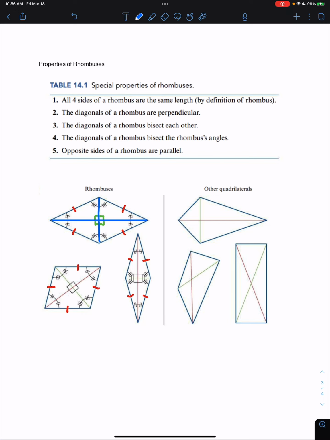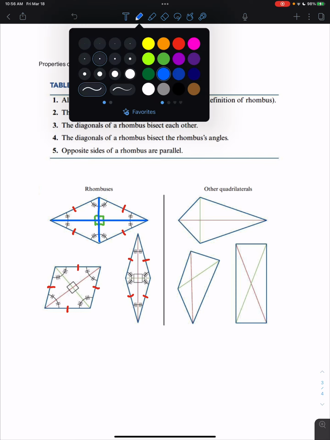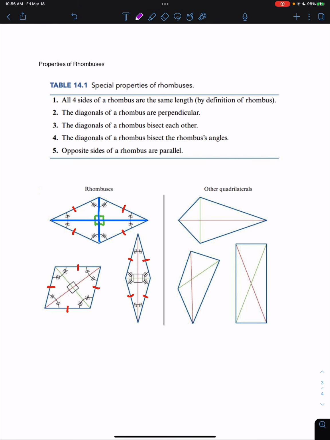And you can see here that in this corner, in this angle of the rhombus, the two sides of the angle are congruent. And here in this angle, the two sides of the angle are congruent. So the diagonals of the rhombus are bisecting the rhombus's angles.